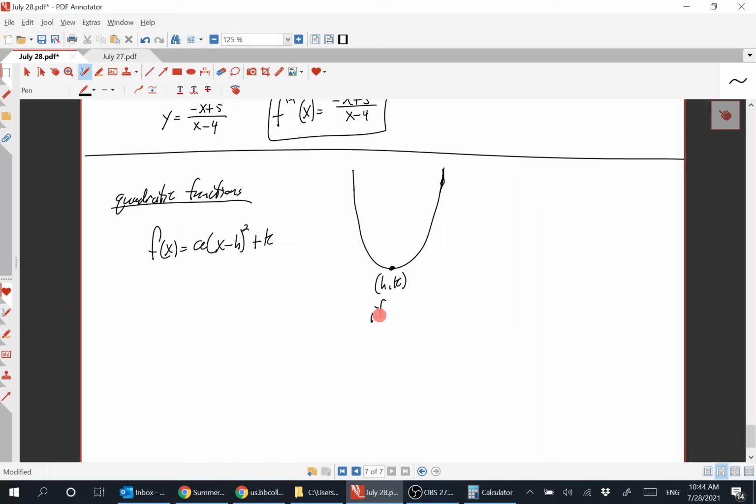That's if a is bigger than 0. If a is less than 0, then it's a downward facing parabola, where the vertex again is (h, k).